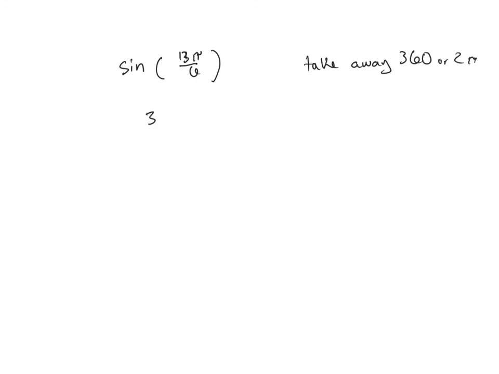So 13 pi over 6, I'm going to subtract 2 pi. 2 times 6, that's 12 pi. 12 pi over 6, that gives me pi over 6.